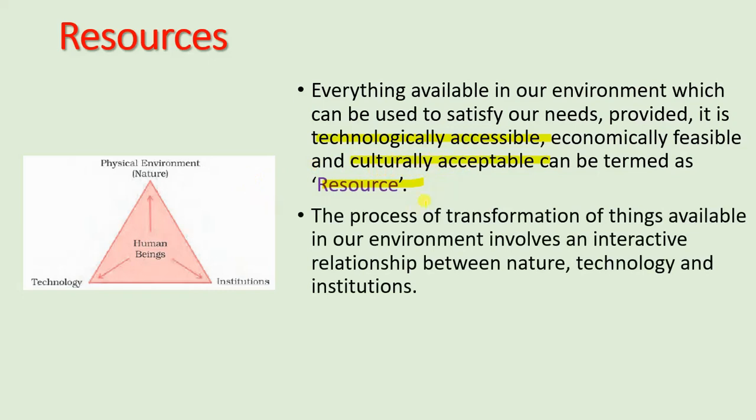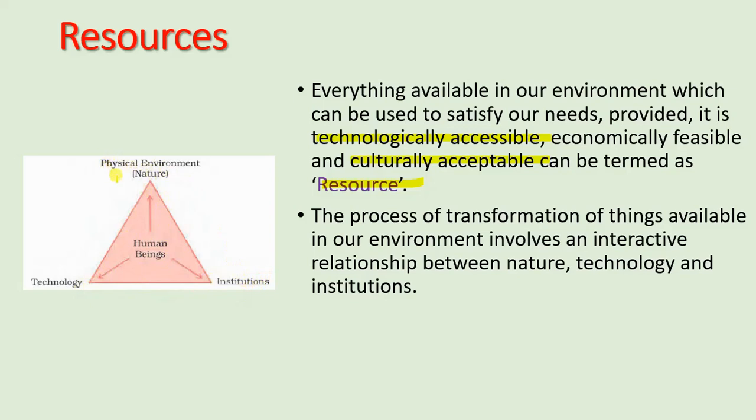The process of transformation of things available in our environment involves an interactive relationship between nature, technology, and institution. As you can see in this figure, there is a human being in the center, and this human being is creating a relationship with the physical environment with the help of technology and institution.